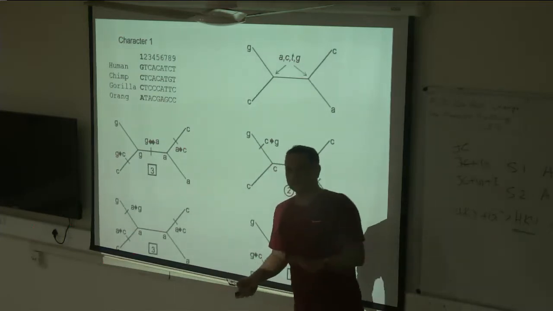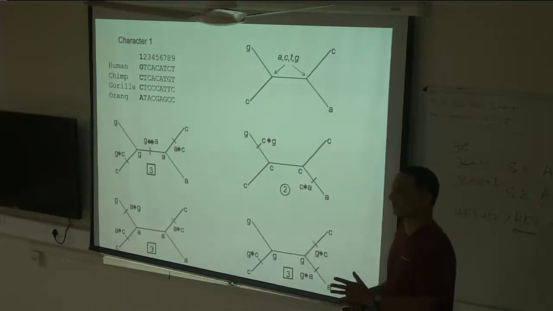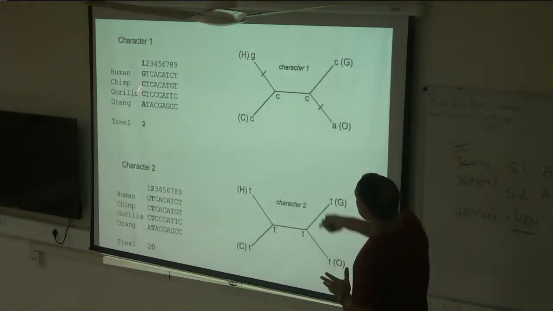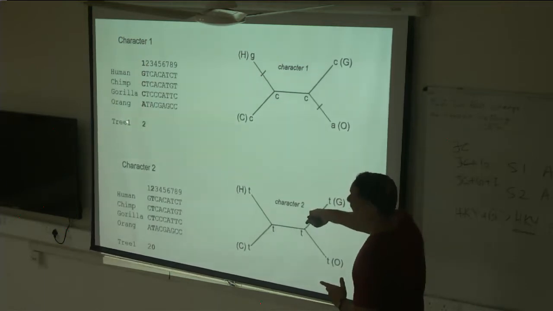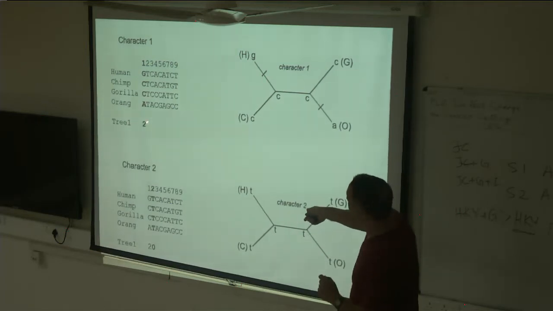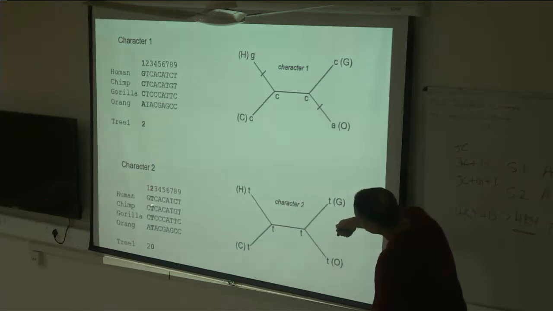Right? Okay, any questions at this point in time? Everyone is following this? Yeah? Okay. Now that was character number 1, tree number 1. Remember, we have just looked at one tree now, right? Two changes. Now let's go on to character number 2.